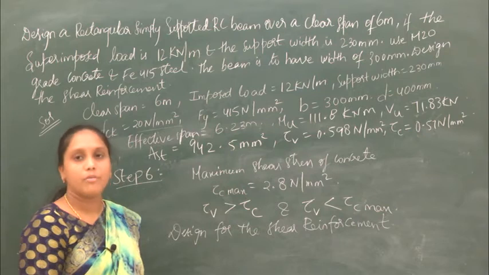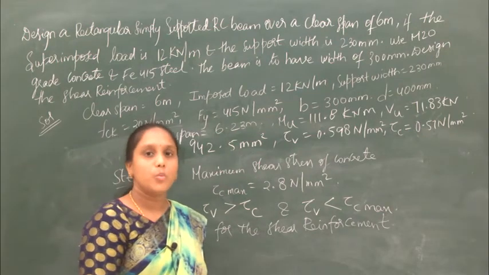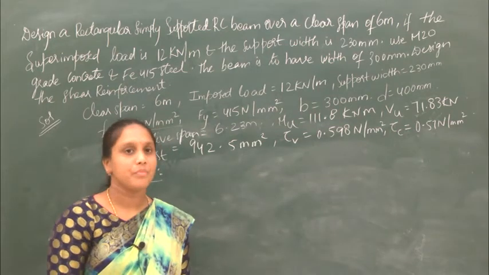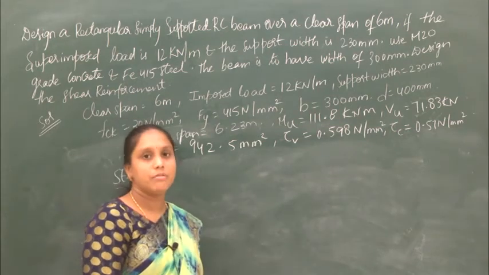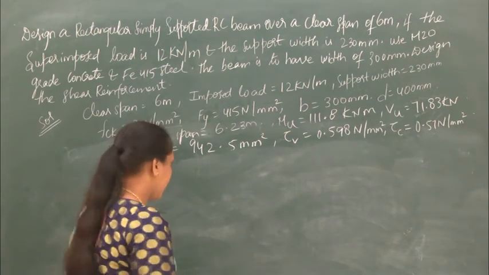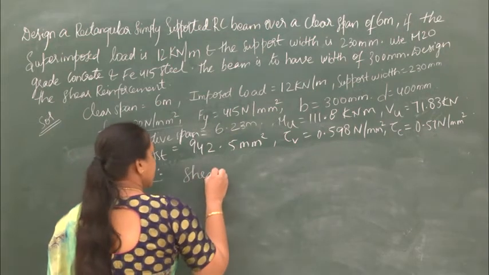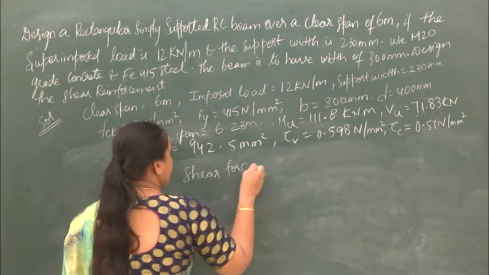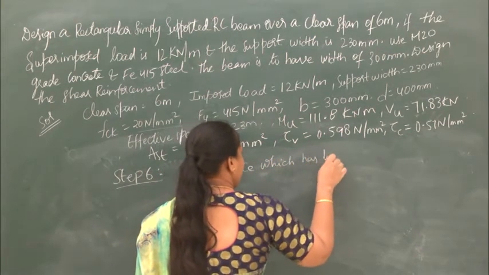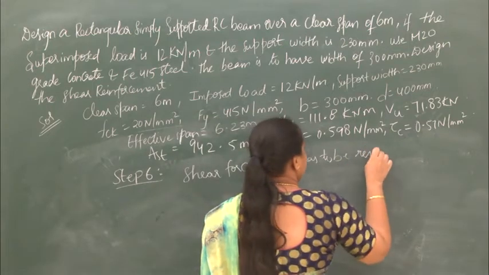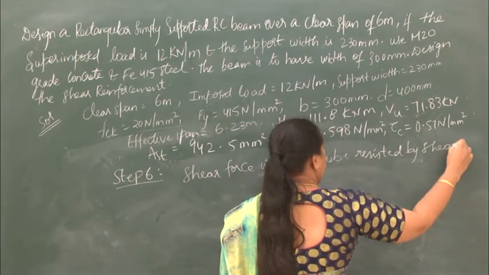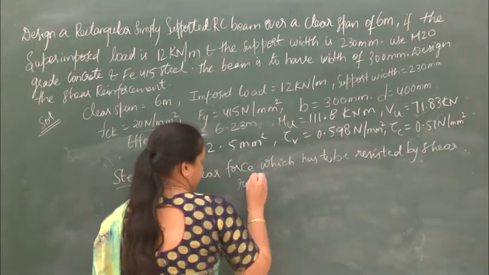So in the next step what do we have to do? We have to calculate the VUS value. Now we have to calculate the shear force which has to be resisted by the shear reinforcement.